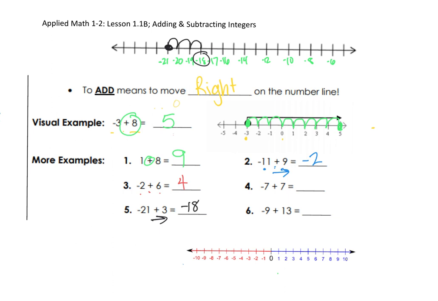And then number 6 with -9 plus 13, we're going to start down here at -9 and move 13 spaces to the right. 1, 2, 3, 4, 5, 6, 7, 8, 9, 10, 11, 12, 13, placing us at +4. All right, so that's working with addition. In class, we will also be using calculators as well. I just wanted to give a visual representation on this video.